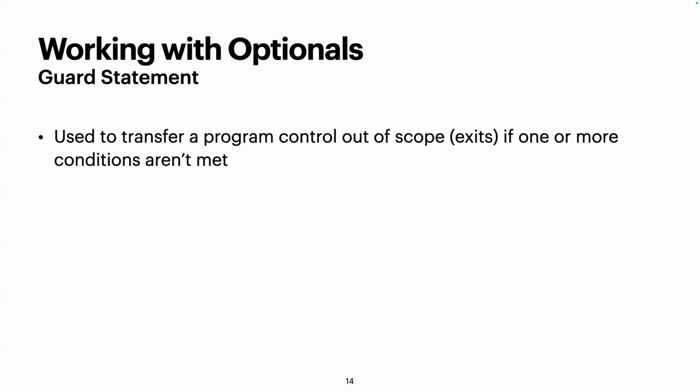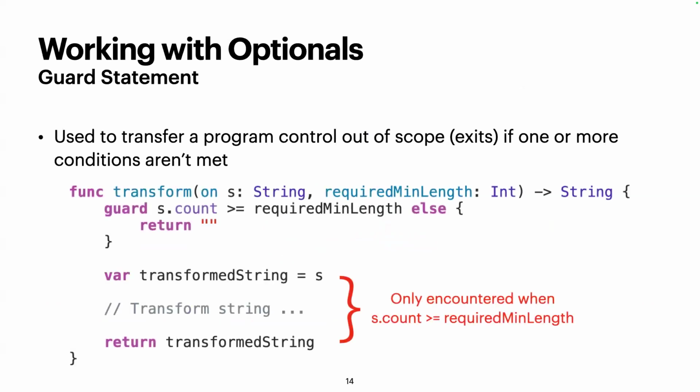Another cool, or unique, way of working with optionals, with more cool syntax, is the guard statement. It's used to transfer program control out of a scope if one or more conditions aren't met. Let's take a look at this function here. This function is called transform. It takes two parameters, s and required min length. You can see that this is a guard statement.